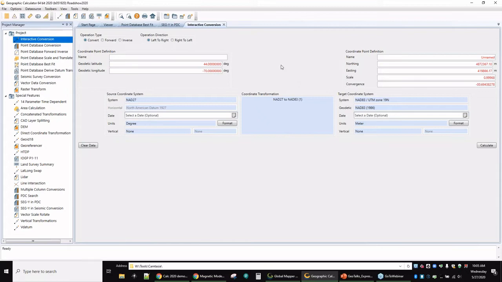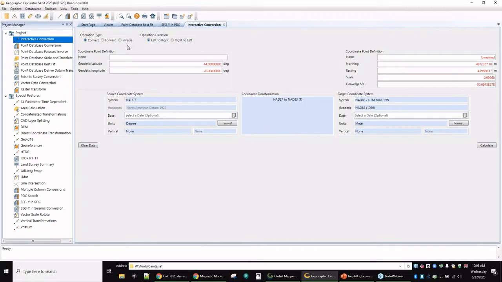This is one of the two most common jobs that folks are using the Geographic Calculator for. As you can see by the interface, it's for a single point operation. So we have a point on the left and a point on the right. Either of those points could be the input or the output, but what this job is for is operations on those single points. So either conversions, you'll see the operations we can choose up in the top left there, either conversions or forward and inverse.